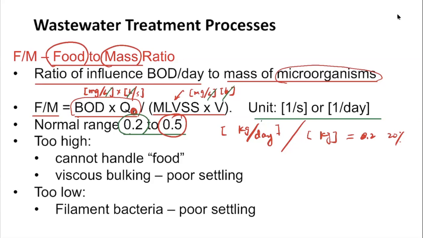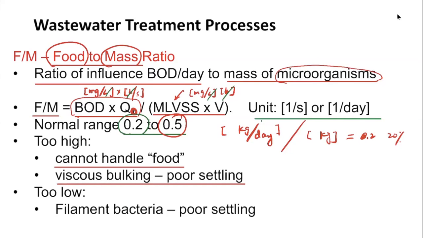So I think this is going to be a little bit easier for us to understand what this F over M ratio means. If the value is too high, it definitely means that the bacteria cannot handle the food, so the BOD is not going to be treated well. And also, if the food is too high, it's going to cause a process called viscous bulking.